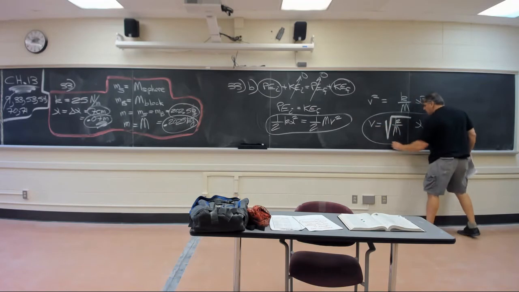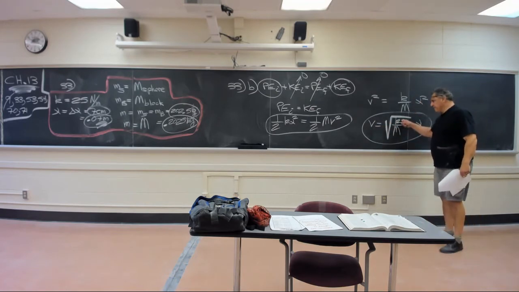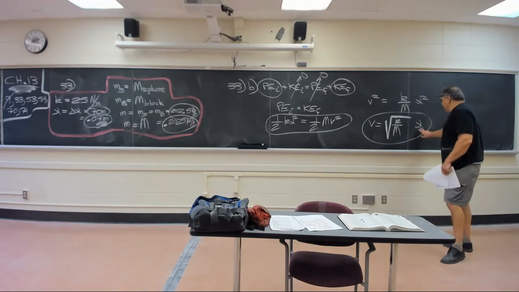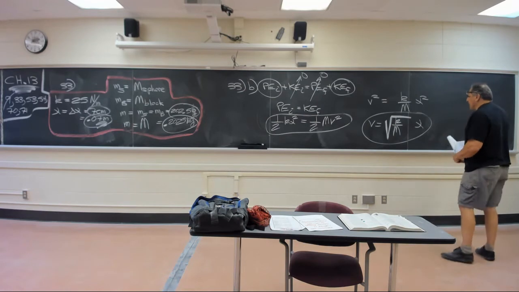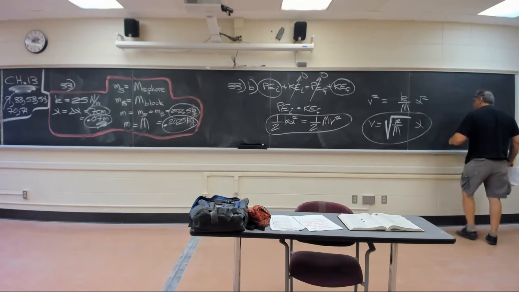Okay, here goes. This is 25. This is 0.2025. This is 0.07. Take the 25 and divide it by 0.2025. Get an answer, square root it, then multiply by 0.07.